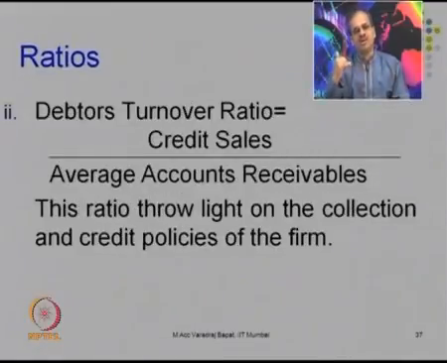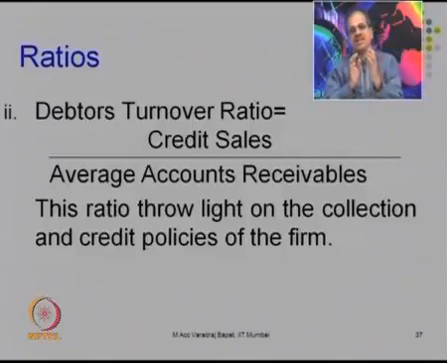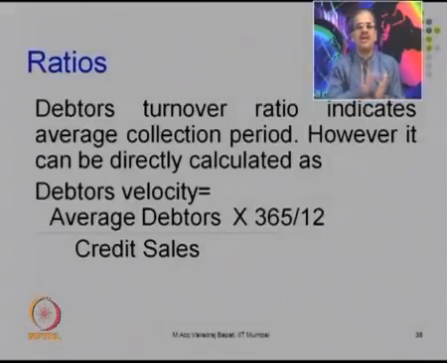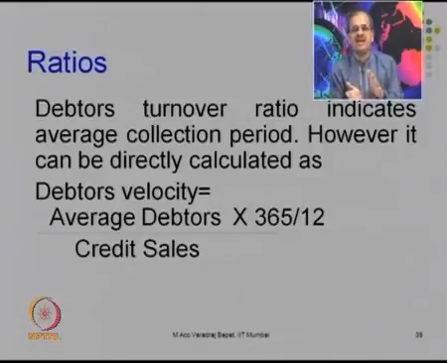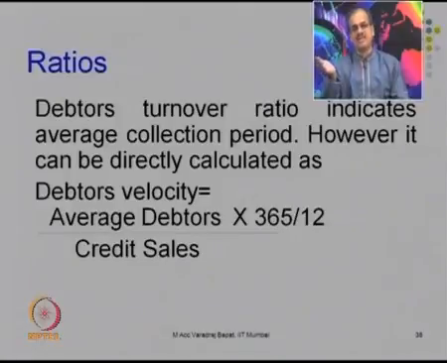Similar to inventory turnover ratio, there is debtors turnover ratio, also known as receivables turnover ratio, which tries to relate sales vis-a-vis average accounts receivable. The ratio again can be converted into debtors velocity, which is exactly the opposite of it, which tries to find the debtors upon sales into 365, or 12 if you want in months.